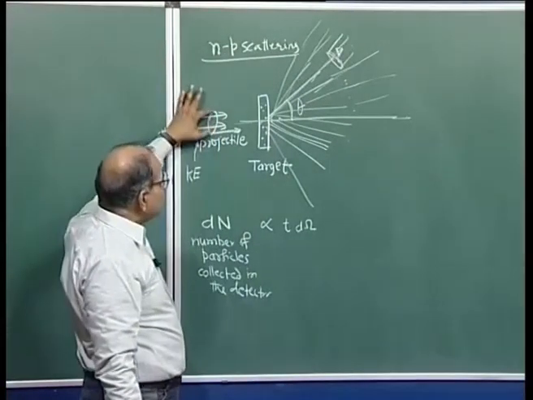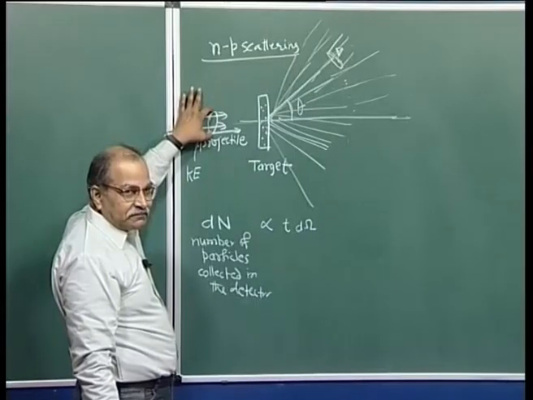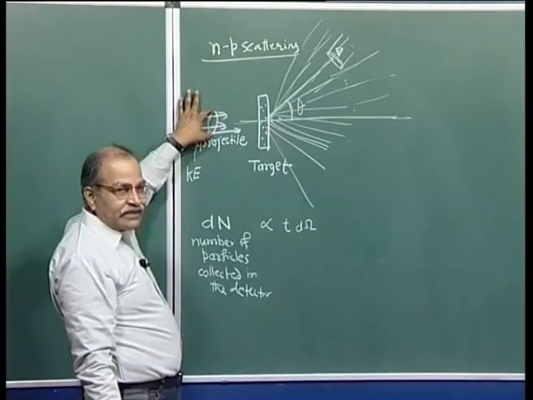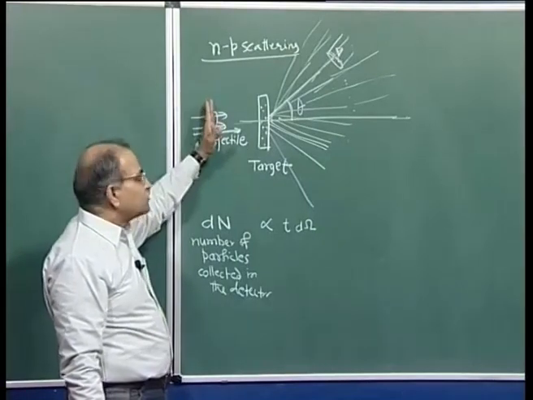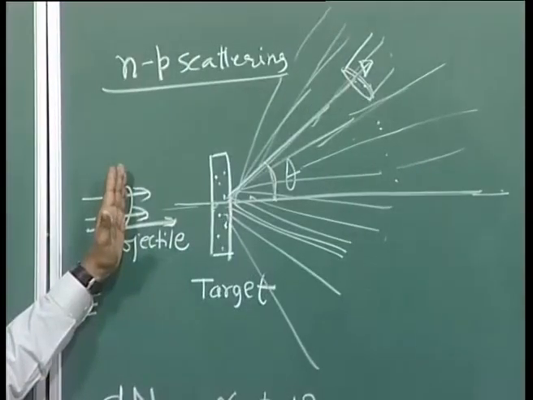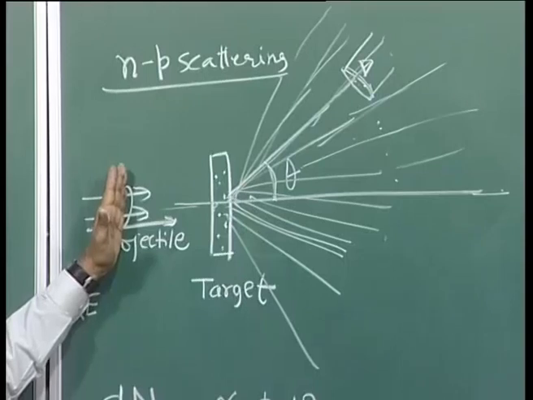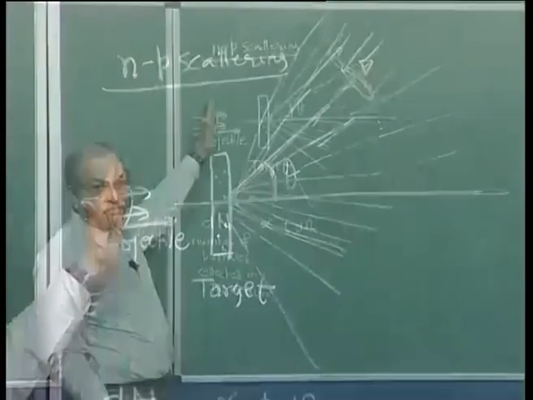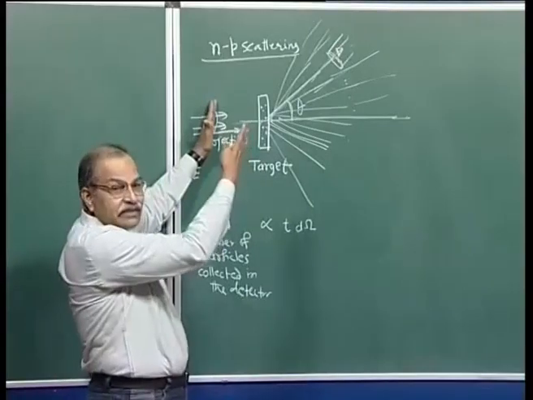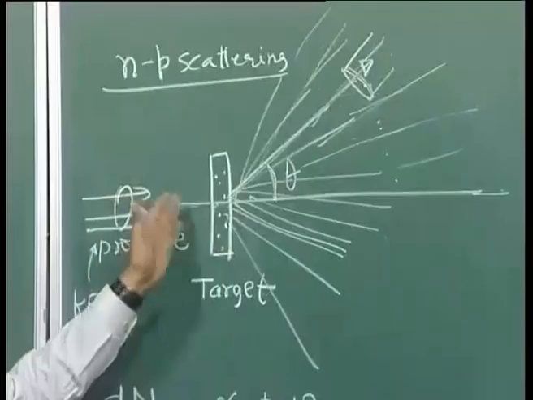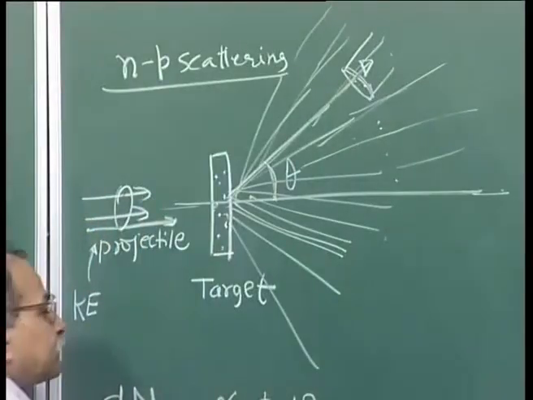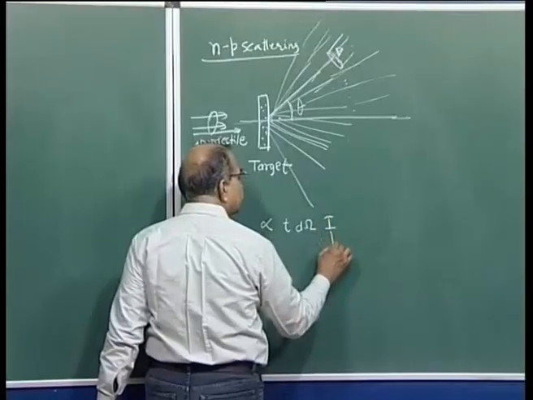Make it per unit area and per unit time, that is called the intensity of the beam, the number of particles crossing this perpendicular surface per unit area per unit time. So, if that intensity is increased, the dN will also increase, more particles are falling here. So, it is proportional to this I, the intensity of the beam.